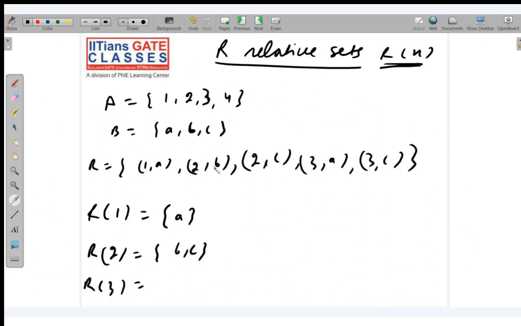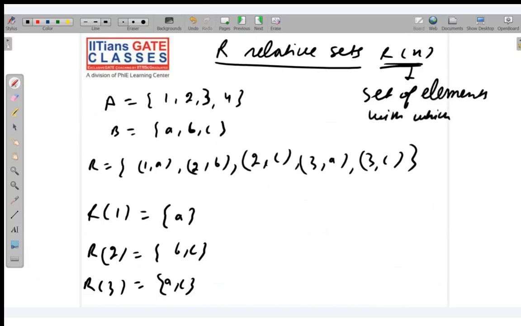A, C. So R of x means the set of elements with which x is related. I think it's very easy. Any doubt here? No, sir.